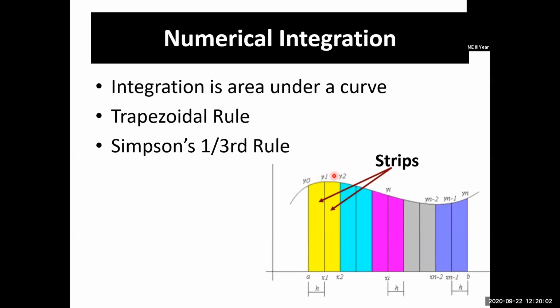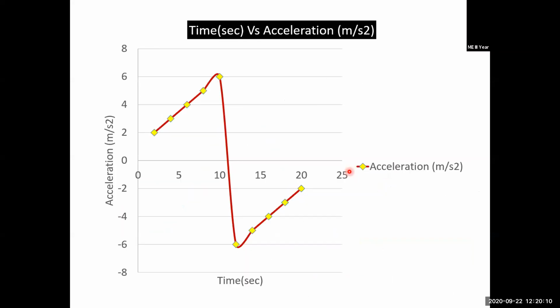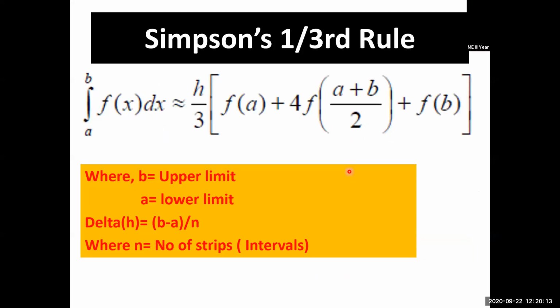And y2 is simply the fb value. Understood now? What is the second term? In Simpson's one-third rule, this term is nothing but the middle of the strip. So 4 times that value, and the last limit value.